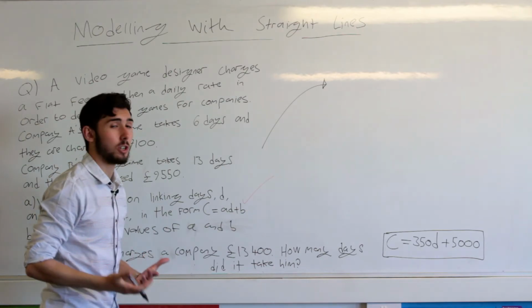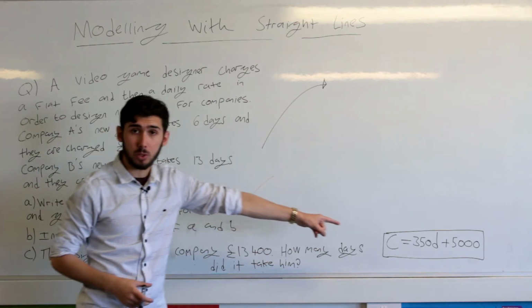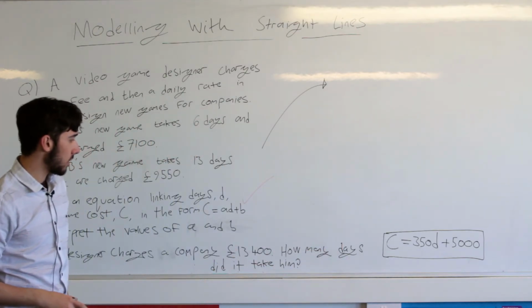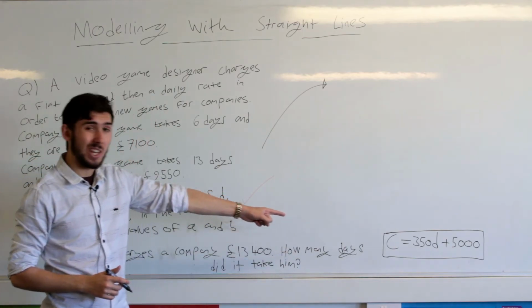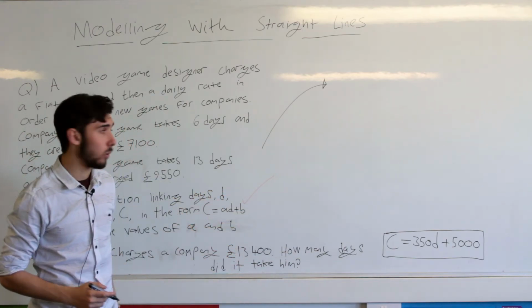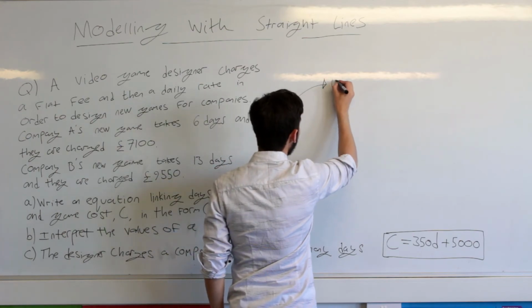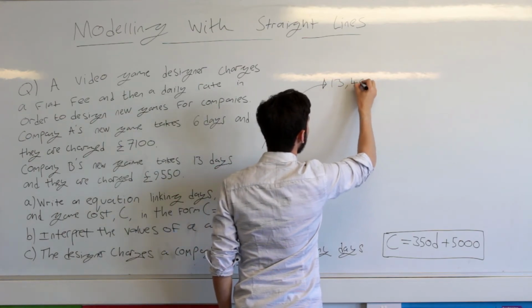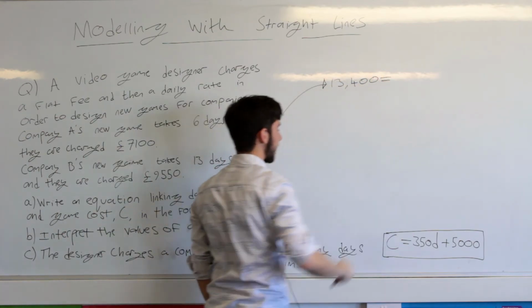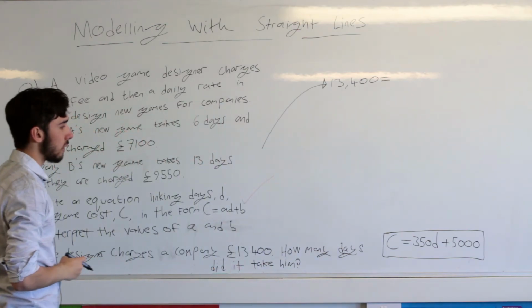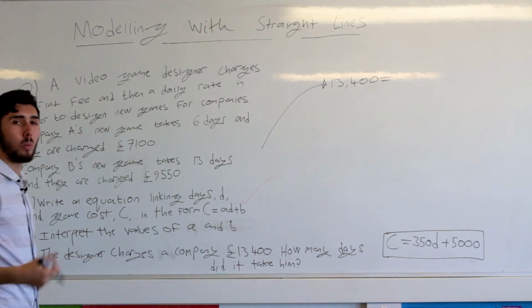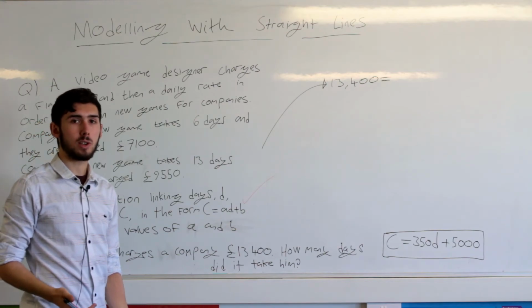So guys, we just need to substitute things into our formula, which we're still using. So this is going to be cost C, 13,400. That's going to be equal to 350 times the number of days. But we're looking for the number of days. That's literally what we're trying to find.